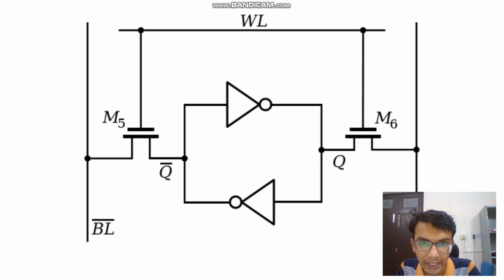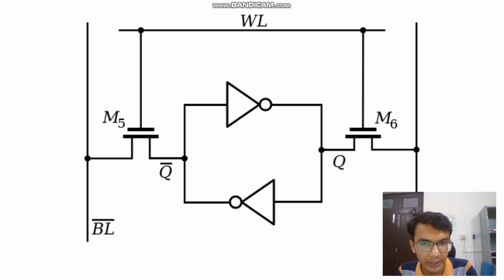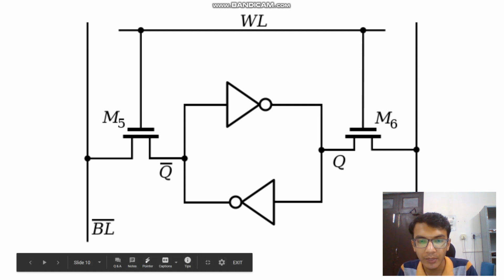This is the access line, or address line, and these are the data lines. If the access line is low, the memory unit is disconnected from the data lines. If Q is 0, then Q bar should be 1 because of the NOT gate, and if Q bar is 1, then Q should be 0. This keeps going as long as power is given to the circuit, and the data is stored.